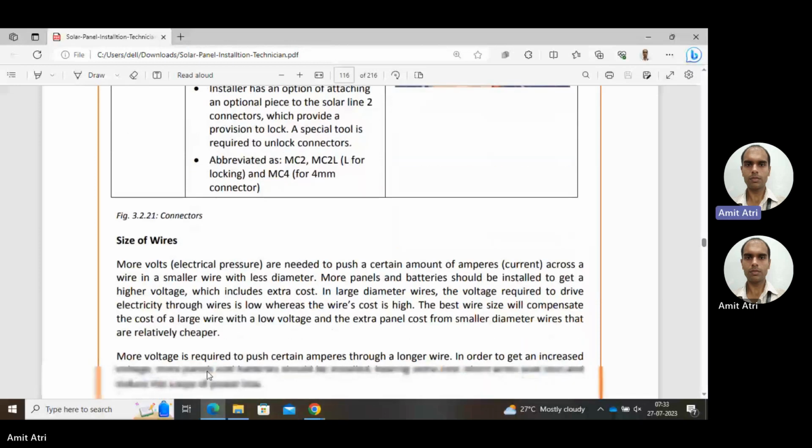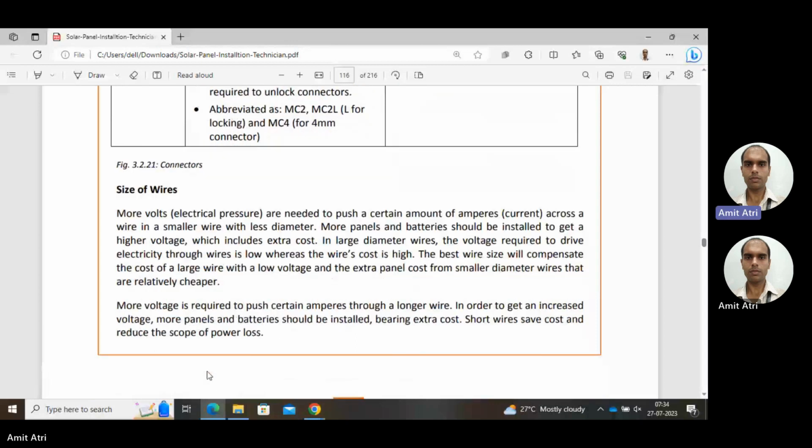Now coming to the size of wire. So now more volts are needed to push a certain amount of ampere. Ampere, that is current. Means for more current across a wire with less diameter, we need more voltage. Okay, so diameter here matters, something similar to which we had just discussed some time ago.